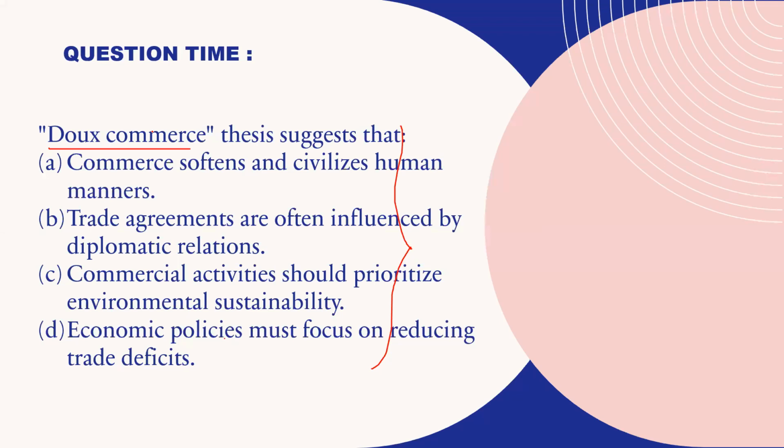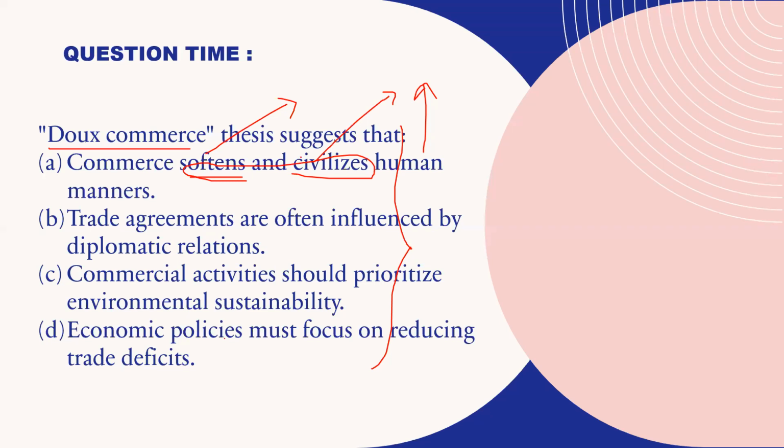But now, are we seeing doux commerce? Now we are not seeing this. Earlier, what economics explains is that when people have a softened attitude and civilized manner, trade and globalization will increase, because everyone is good to everyone.